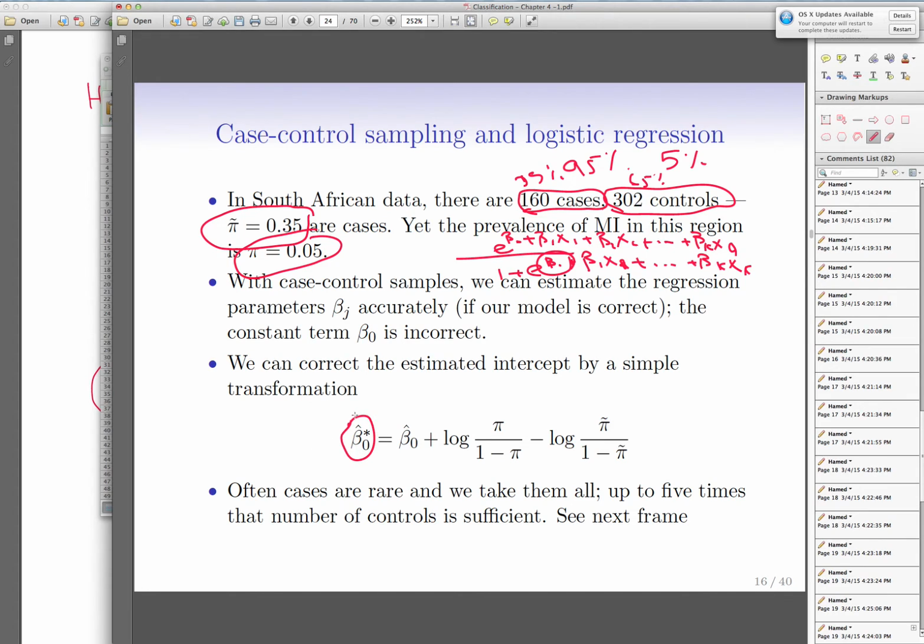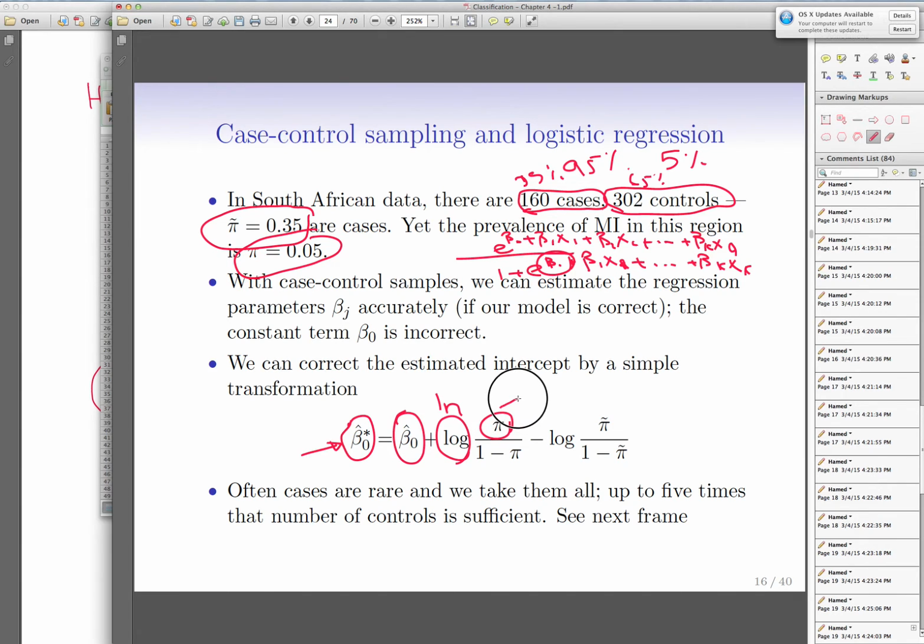If you want to get the real beta hat, that would represent your data if the ratio of your cases and controls were exactly the same as the ratio in reality, it would be the beta hat you estimate based on your unbalanced sample plus ln of pi over 1 minus pi, minus ln of pi tilde over 1 minus pi tilde, where pi is the real proportion.